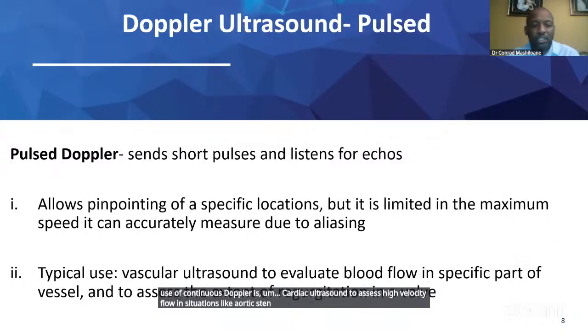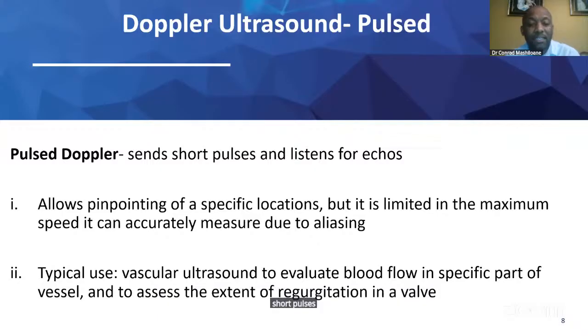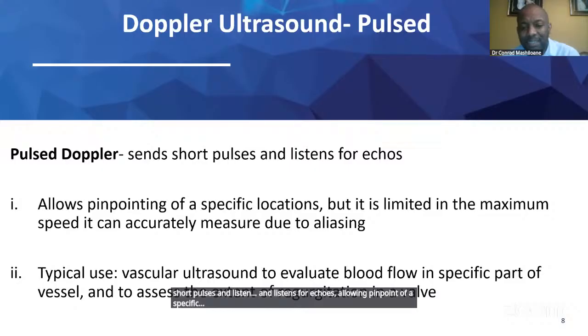Then you have your pulse Doppler, which sends short pulses and listens for echoes, allowing pinpointing of specific locations, but it's limited in the maximum speed it can accurately measure due to aliasing, which is basically when a high frequency signal is confused for a low frequency signal.